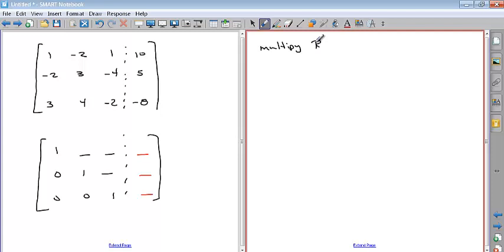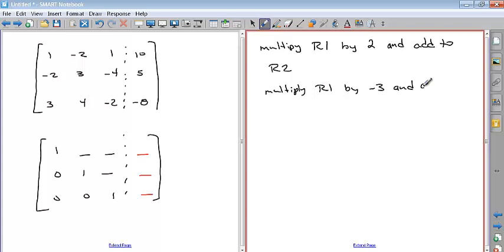So we're going to multiply row 1 by 2 and add to row 2. That'll make that go to 0. And I'm going to multiply row 1 by negative 3 and add to row 3. That'll make that go to 0.